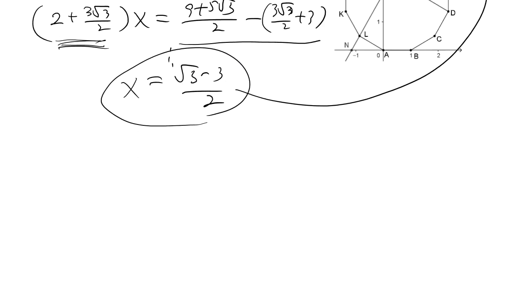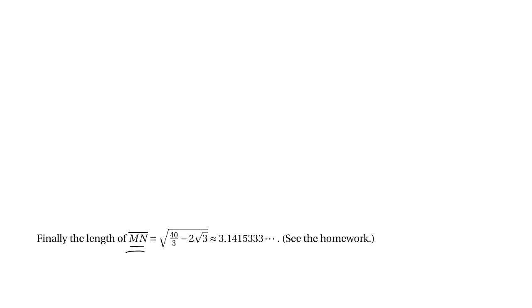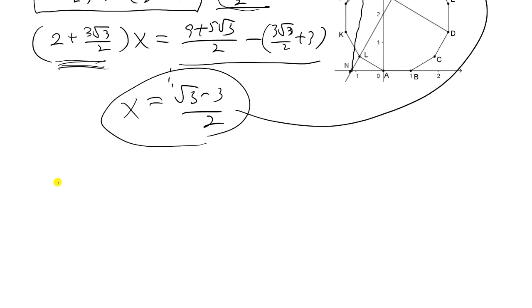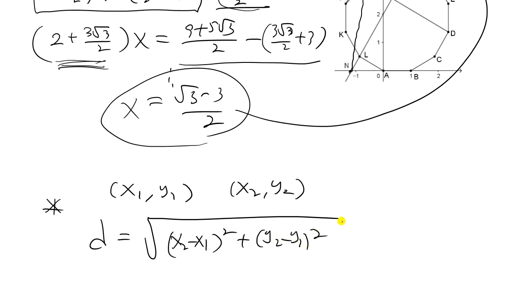This one. Then lastly, the length of the line segment MN is just the distance between those two points. If we have two points x1, y1 and x2, y2, the distance between them is the square root of x2 minus x1 squared plus y2 minus y1 squared, by the Pythagorean theorem.